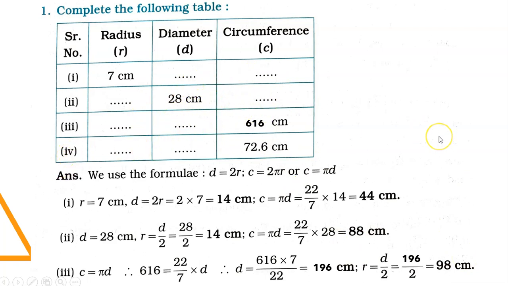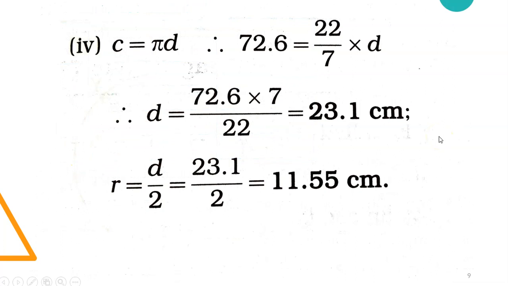So there's one more left, which is sub-question 4. Circumference C is equal to pi d. In this case, the circumference is given to me as 72.6. So 72.6 is equal to 22 upon 7 into d. So when I cross multiply, 7 goes here, 22 comes down.